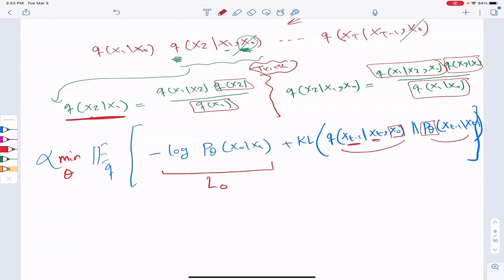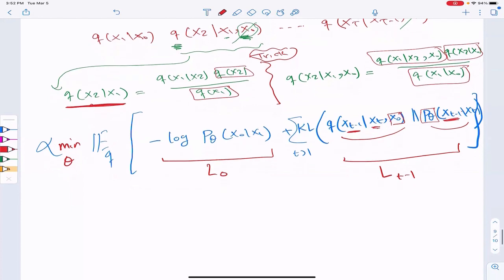And for each of these terms, I'm forgetting the summation here, t greater than 1. For each of these terms, I'm going to call them loss at t minus 1, because we are trying to predict the distribution at t minus 1, right? So that's the notation that we have.